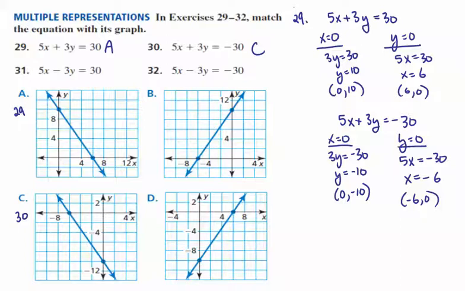Alright, so 5x minus 3y equals 30. Let x equal 0. When x is 0, we get negative 3y is 30, y is negative 10, and so we have 0, comma, negative 10.